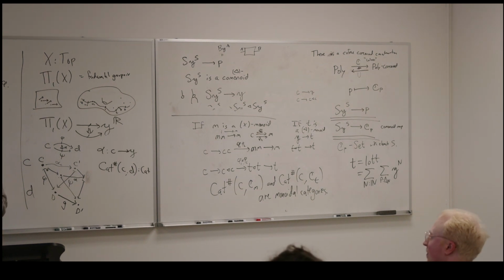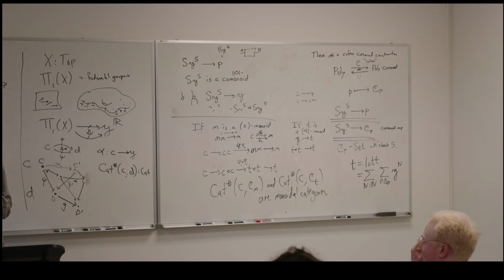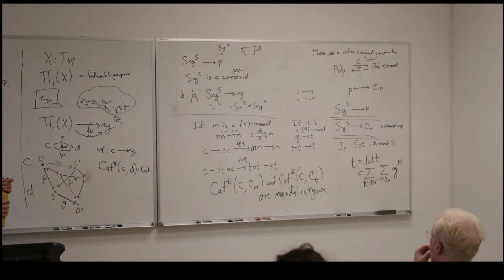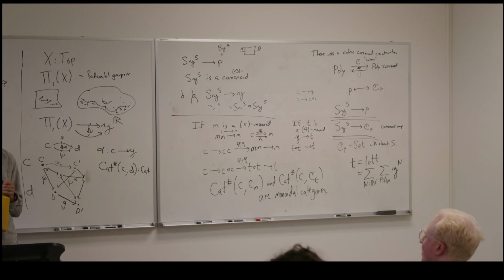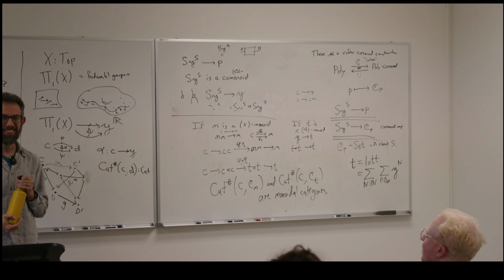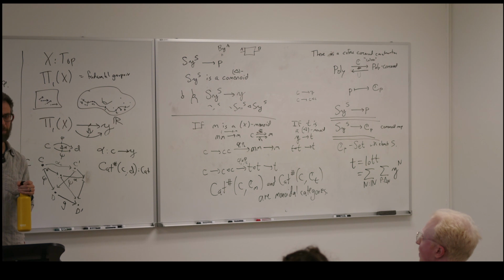Are there categories enriched in cat sharp? So categories enriched in poly op are basically like bunches of categories with, for each one, a data migration between them.